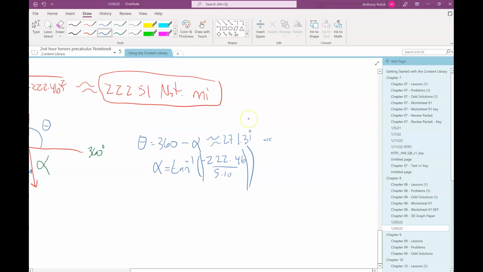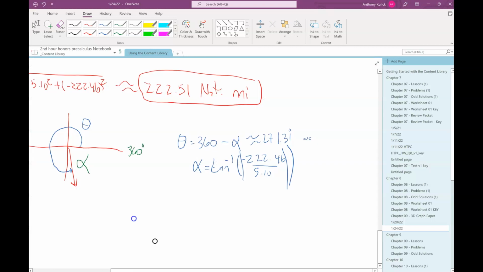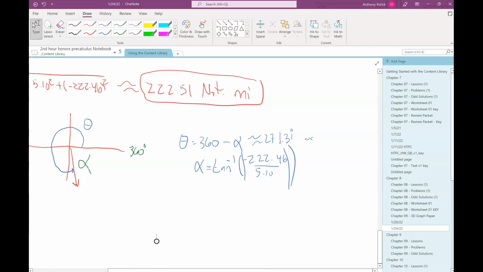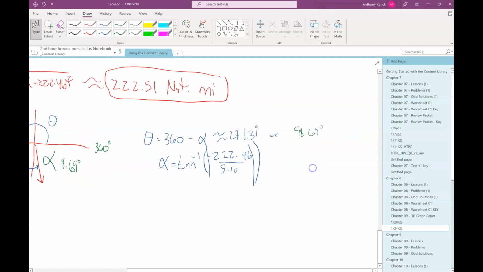Or if that's a bearing, that would be that this little angle here is 8.69. So that would be a 98.69 bearing. Depending on what we were asking for in the question, it didn't state.